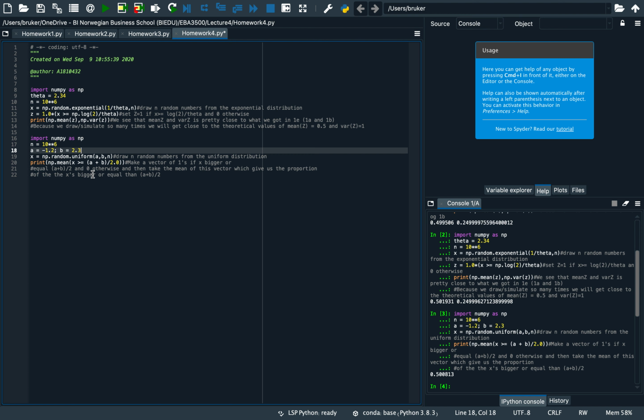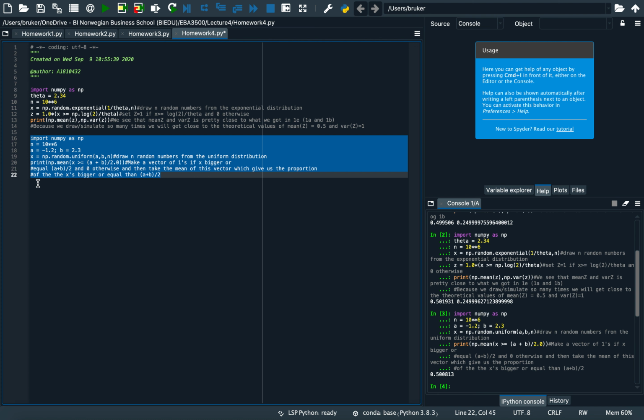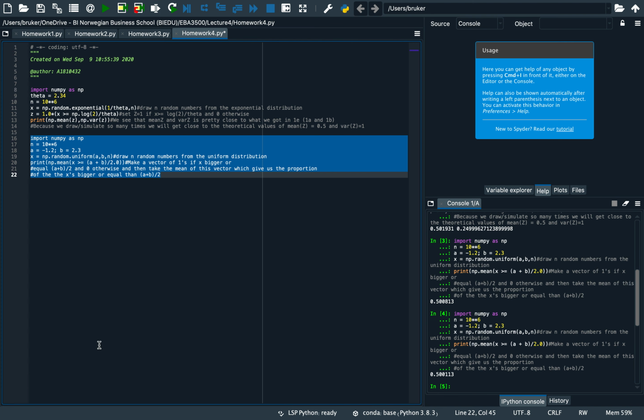And it should be, if you look to the theoretical result, it should be very close to 1/2. So let's run it. And we got pretty close, 0.5. So that's it. Good run.